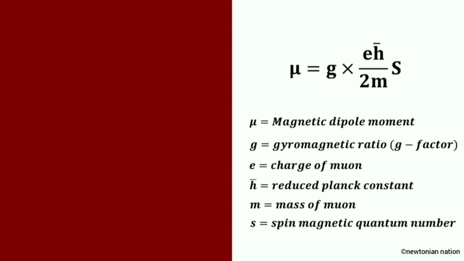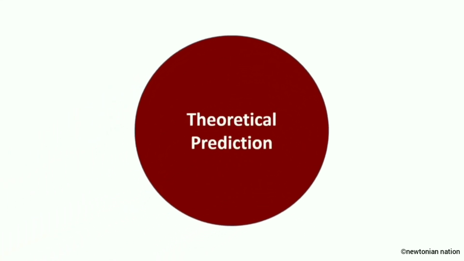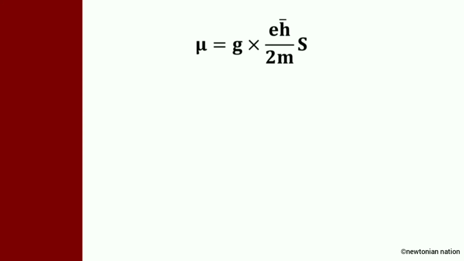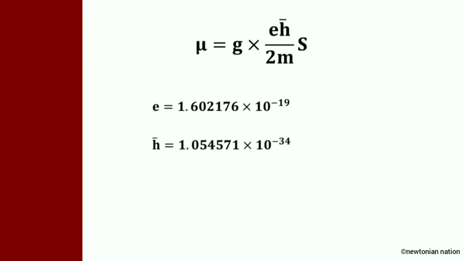Now let's calculate the theoretical prediction of the muon g factor and anomalous magnetic dipole moment. From the above formula, we can understand that 5 values are needed to calculate the g factor. Of these, 4 are constants: E stands for the elementary charge constant, h bar is the reduced Planck constant, m is the mass of the muon, and s is the spin value of the muon.